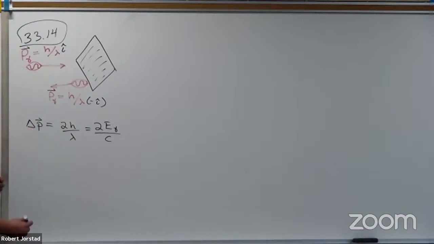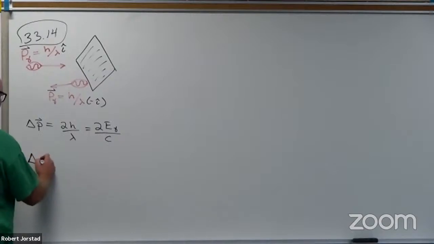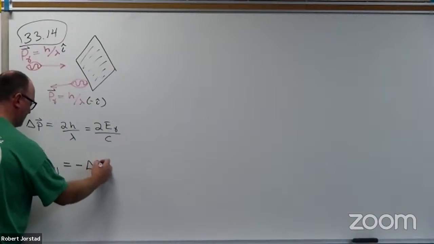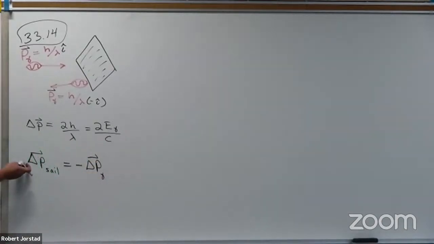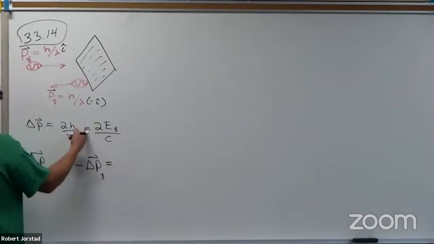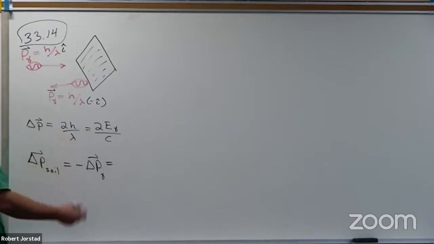From this, we know that the change in momentum of the spaceship, how about we say the sail, should be equal but opposite to the change in momentum of the photon. In this case, I should be careful. I made a mistake.